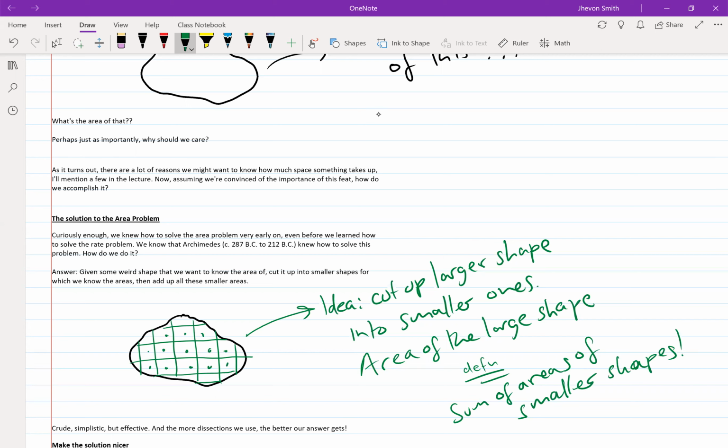So I have this irregular shape. What I can do is just cut it up into smaller shapes that I know how to find the area of, and then find the area of each of these individually, add them all up, and that's it.